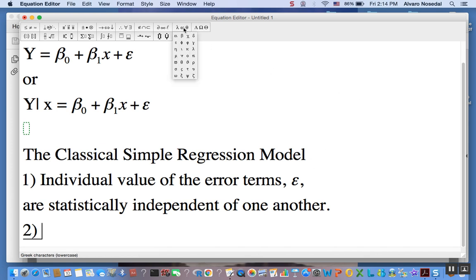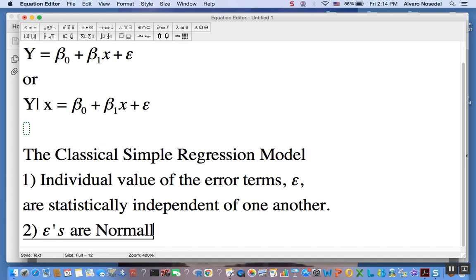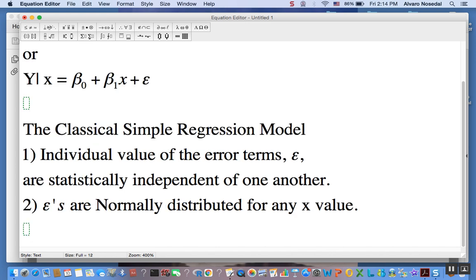Let me write it down here. Epsilons are normally distributed for any x value.